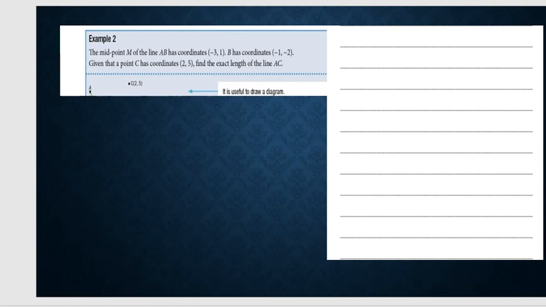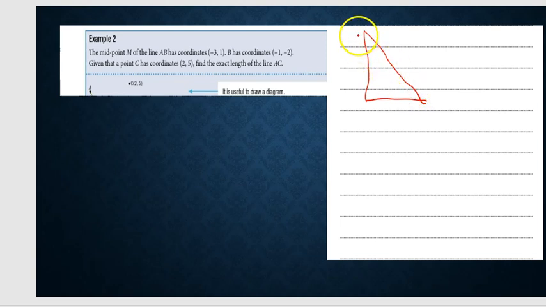So according to the information given, let's try to sketch this. It is a midpoint of line AB. So we can have our line AB here.